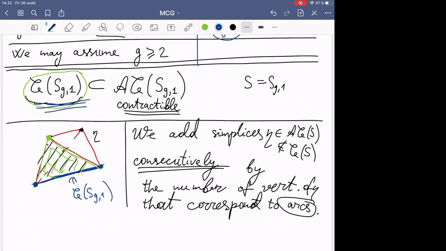Actually, now we come to a time when we have some complexes where the group acts. We know something about the topology of this group, and now we will be able to understand many pretty things about the mapping class groups. Okay, that's all for today.